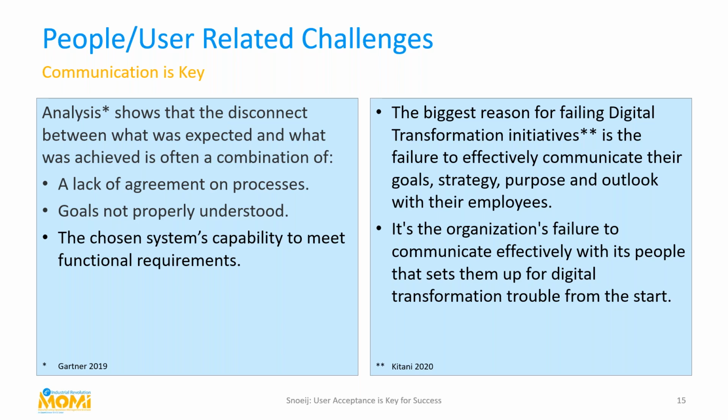And therefore they failed. 70% of their investment was down the drain, which is enormous. And it's not necessary. It's the organization's failure to communicate effectively with the people that prepares them and sets them up for the digital transformation, for that initiative.